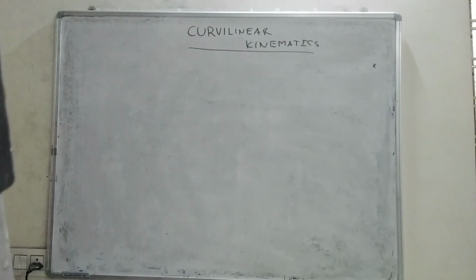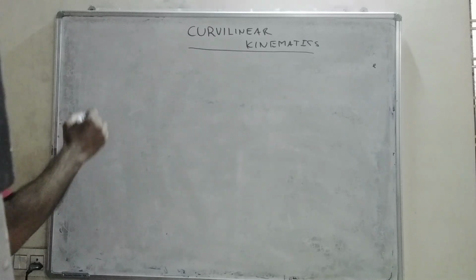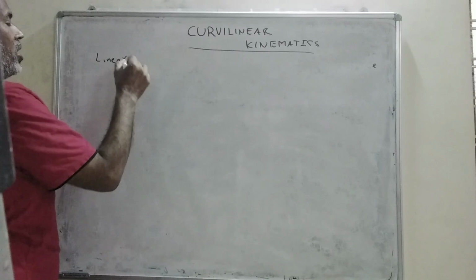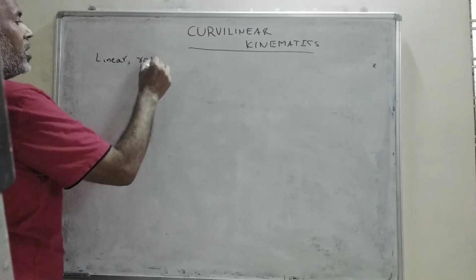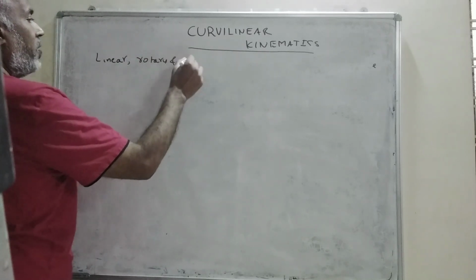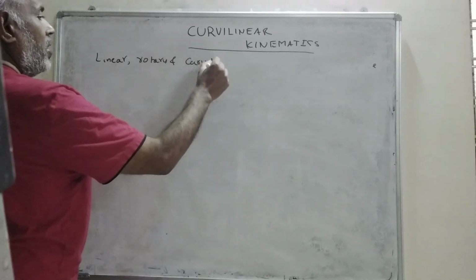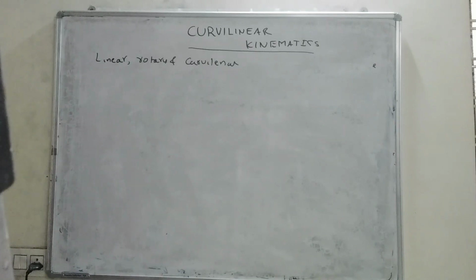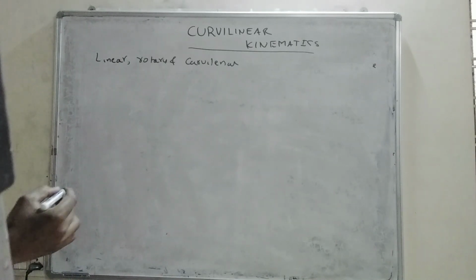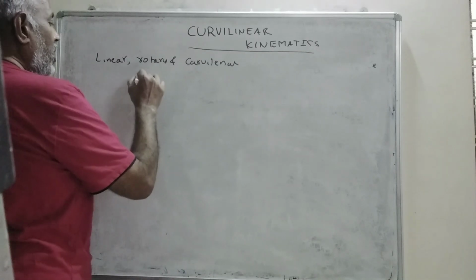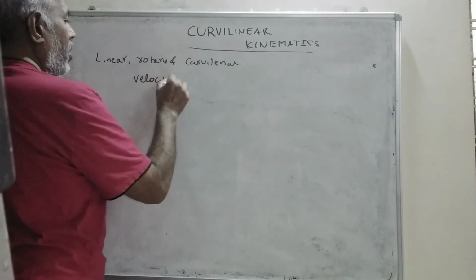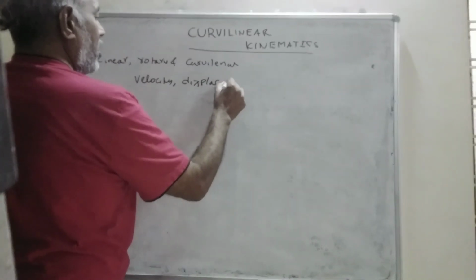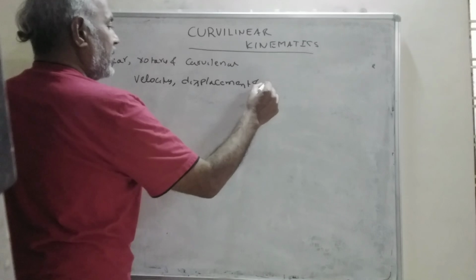Now, what is the difference between linear, rotary, and curvilinear kinematics? Kinematics means without the cause, we are estimating the velocity, displacement, and acceleration.